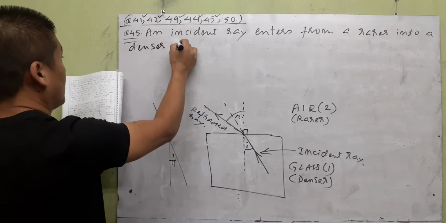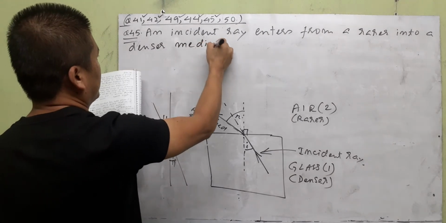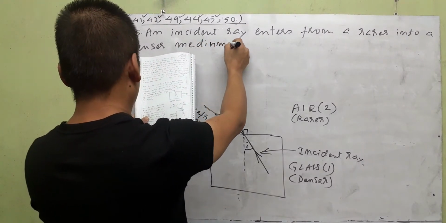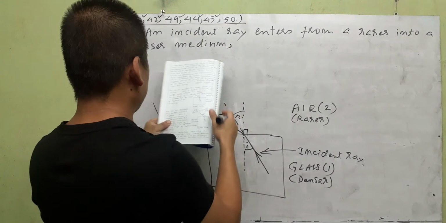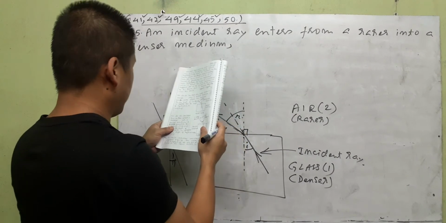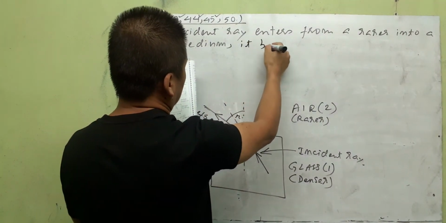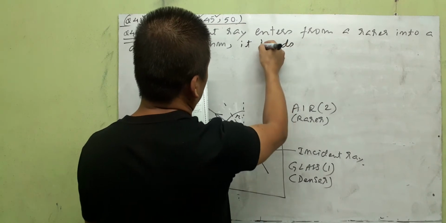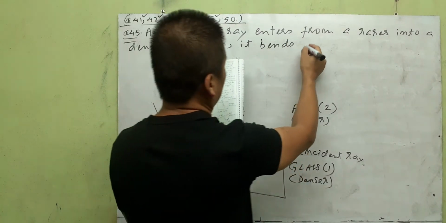As an incident ray enters from a rarer into a denser medium, it bends towards the normal.